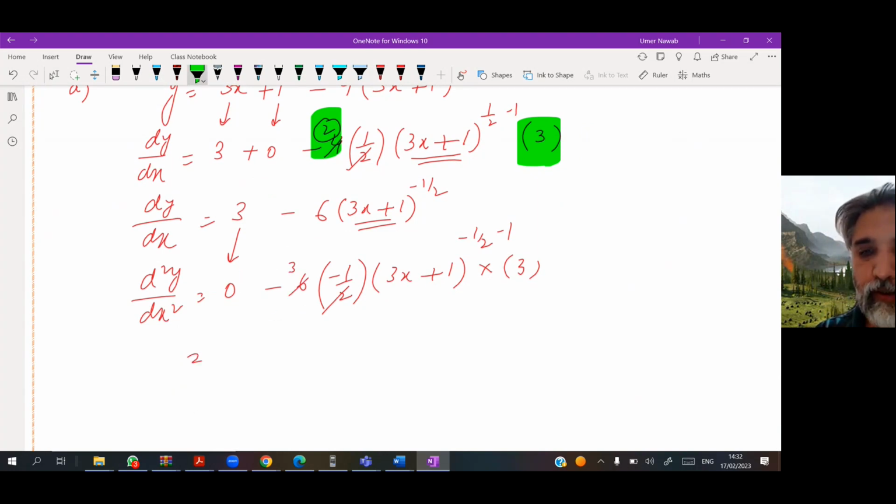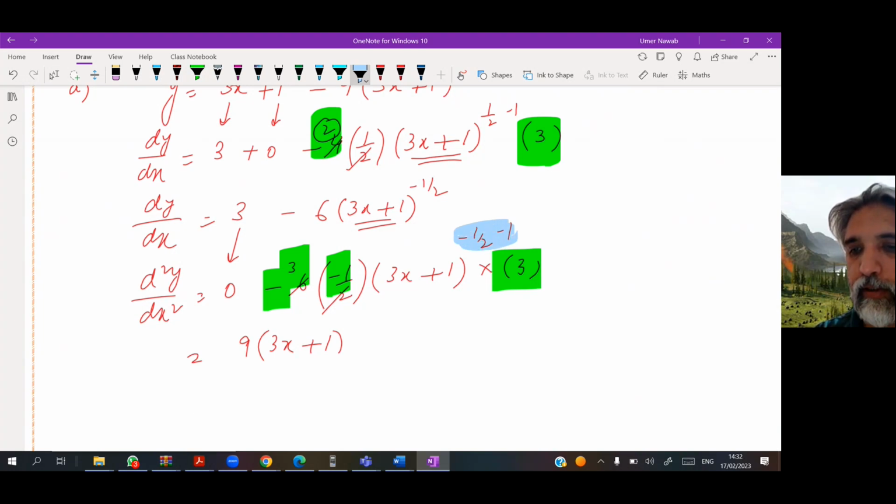Now we have minus, there's 3 and there's 3, so we combine them together, gives you 9 and (3x + 1), and we can use a calculator to know minus half minus 1 is minus 3/2.